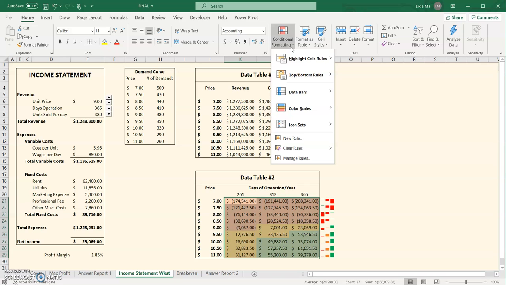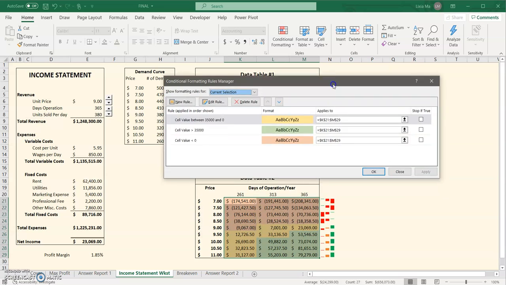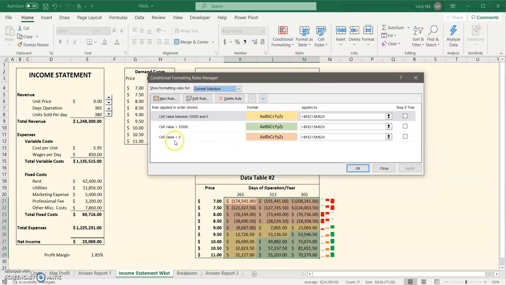Go to Home, then Conditional Formatting, then Manage Rules. As you can see, I set up that if the final result is less than 0, it should be colored in red. If it's greater than 35,000, it should be green, and if the number is in between, it should be in yellow.